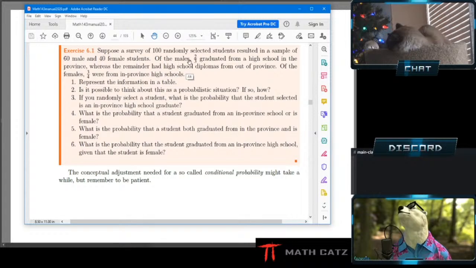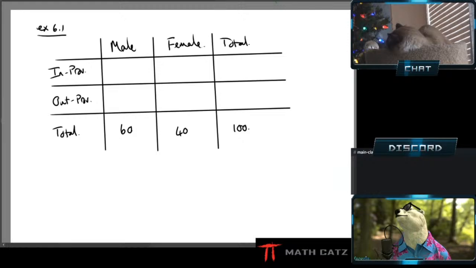Then, of the males, 2/3 graduated from a high school in the province. So of the 60 males, 2/3 of that, so 40, were in province. And then I know the other 20 were out of province, because those are the only two options a male could have for its other property.